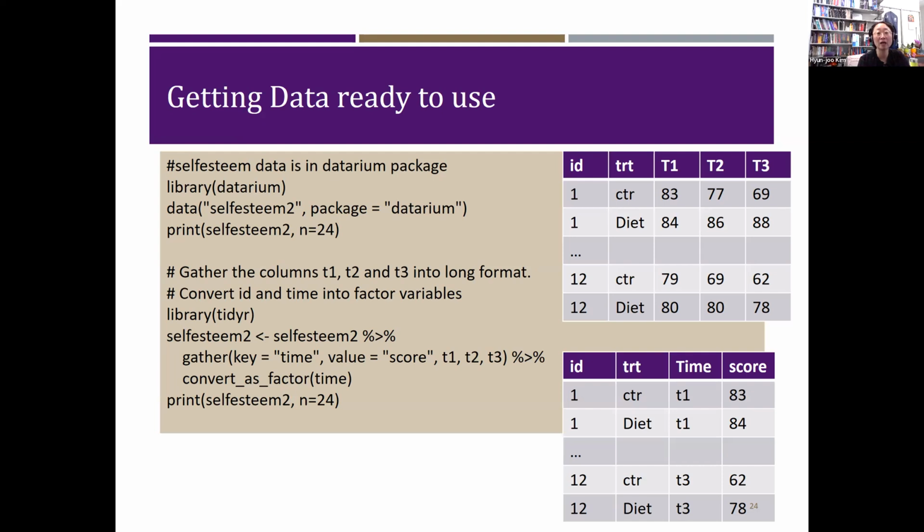Self-esteem data is one of the datasets in the datarium package. Using the data function, we call the selfesteem2 data from this package. If we print selfesteem2, we can see 24 rows of the data in the wide format, as shown in the table at the top.